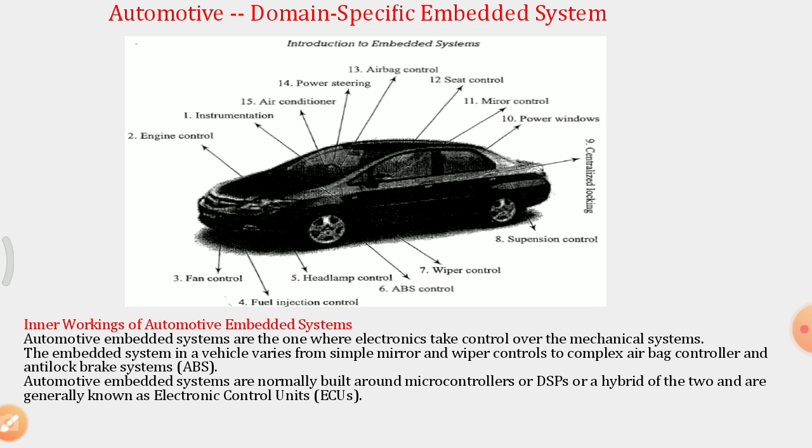So here in the figure we can see that a simple vehicle, a car, has been taken up as an example from the automotive industry, where so many embedded systems are connected to control the car in an automatic way.